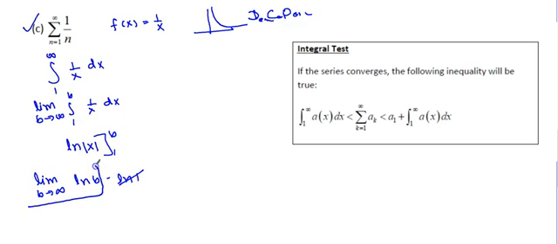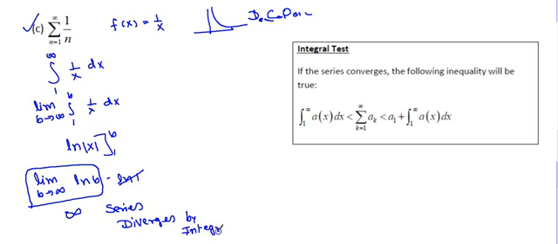And obviously the log function is slow. It slowly rises to infinity, and this is infinity. And the series diverges because the integral diverges, so the series diverges by the integral test.